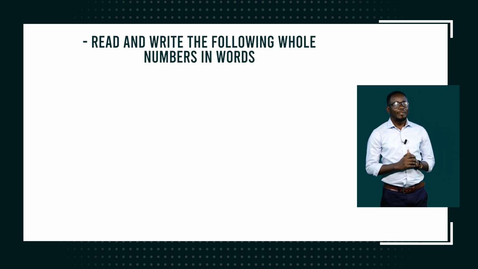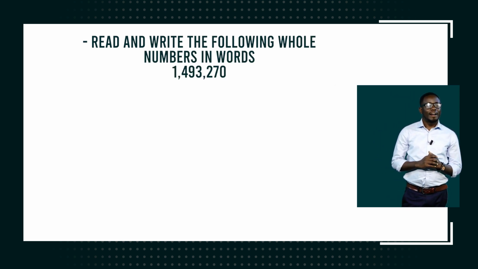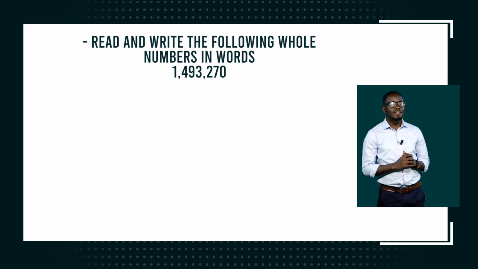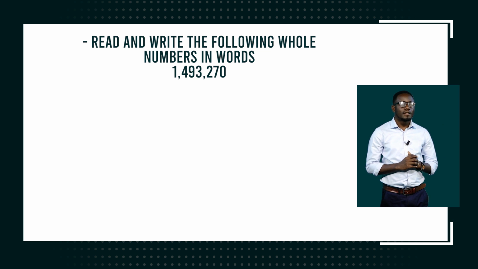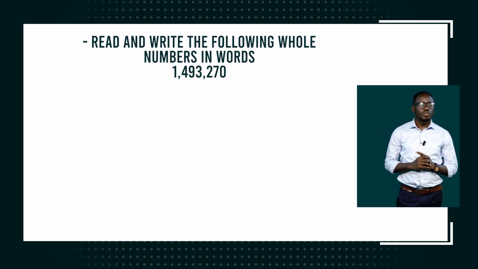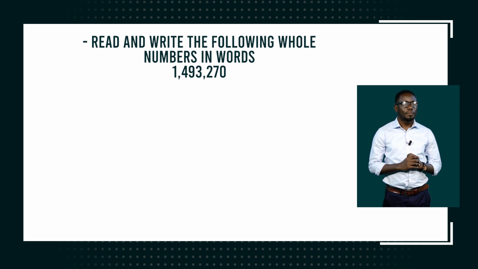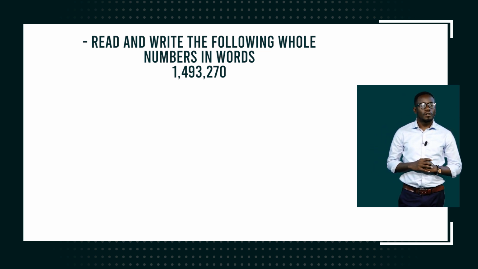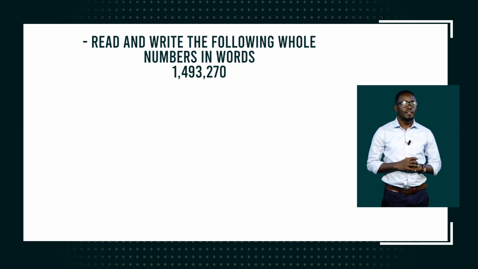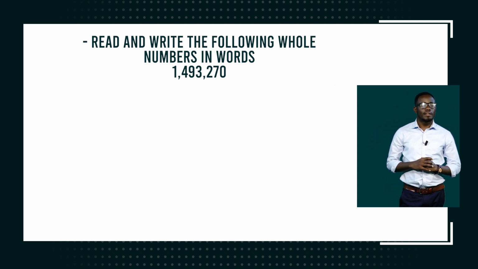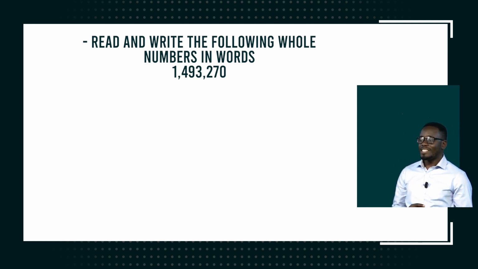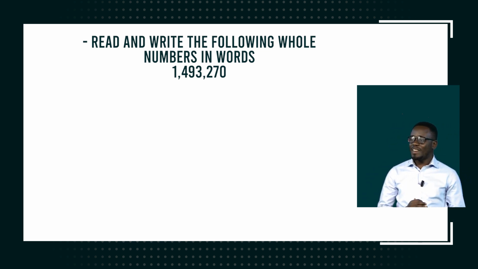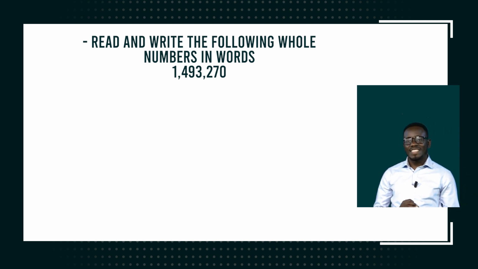Can we have one more? The next one, we have this number made up of these digits: 1, 4, 9, 3, 2, 7, 0. Wow, this number seems a bit big, but I hope with our place value table method it will become easy.